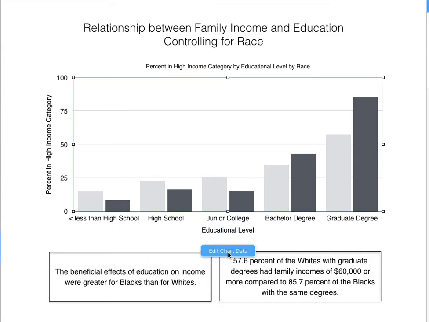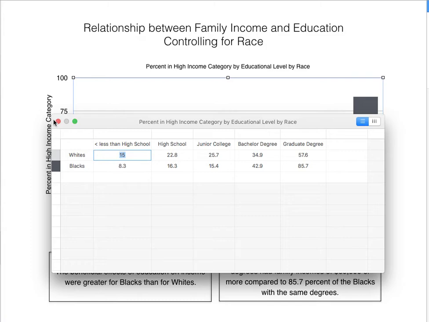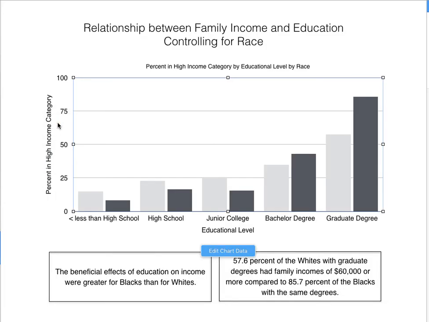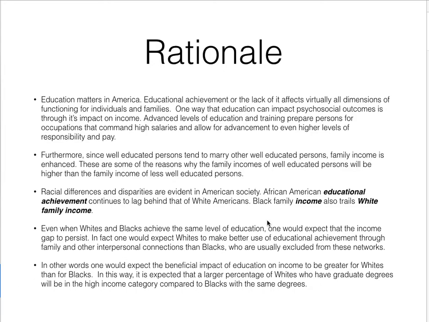The only thing you need to do is edit the chart data and put in your variables, their values, your information. Super easy. And then the rationale slide, once again, super easy. All you've got to do is put in your rationale for the particular variables that you're utilizing.